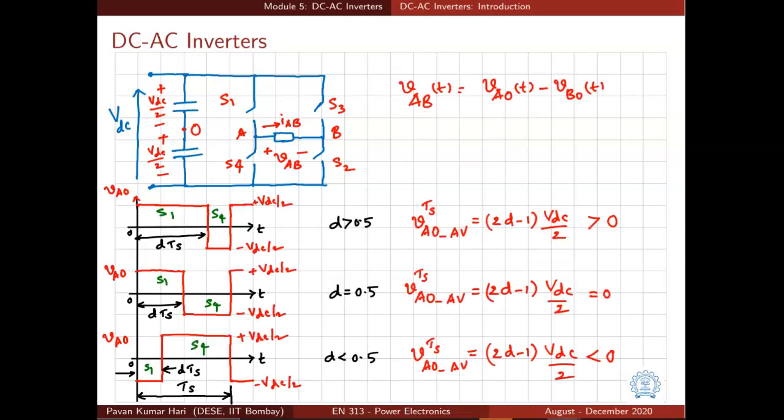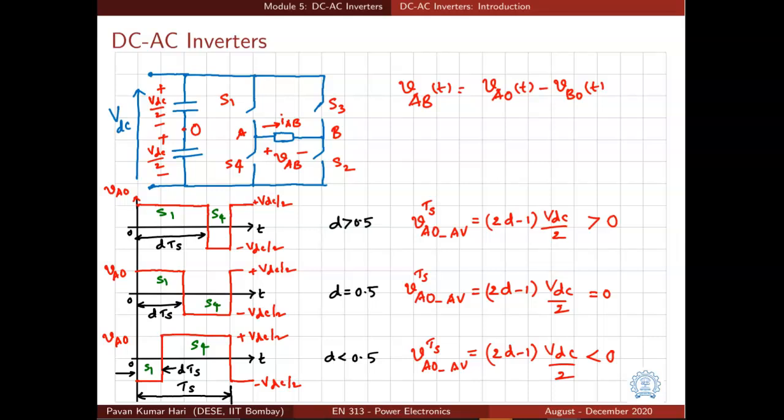Let us consider one particular type of switching for the first leg, whose midpoint is A. That means we are only looking at the switches S1 and S4. Here three patterns of switching S1 and S4 are shown.